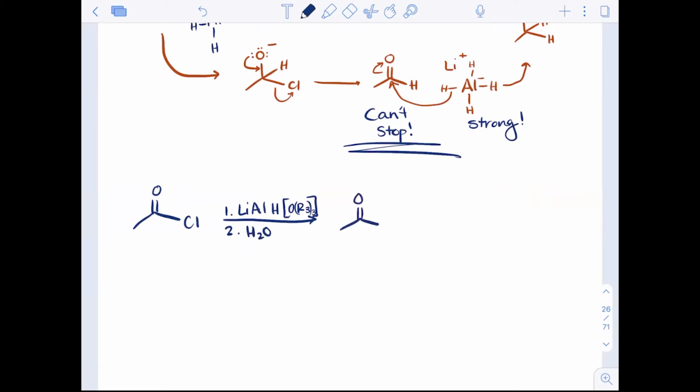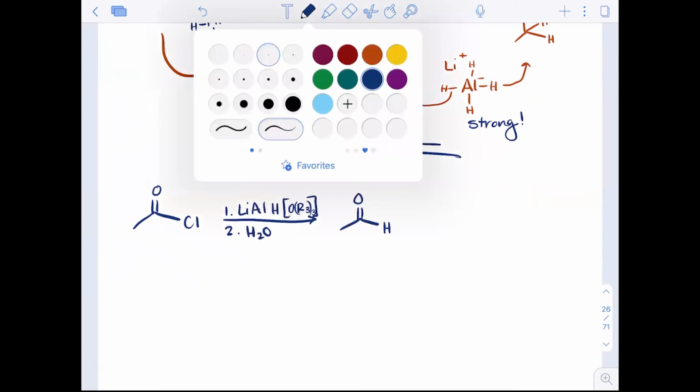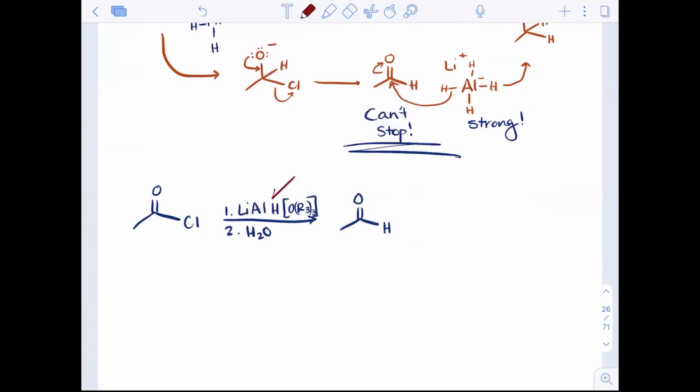What that does is it reduces the reactivity and therefore stops the reaction at the aldehyde. Helpful. Mechanistically, the exact same as the very first step, just stops at the aldehyde.